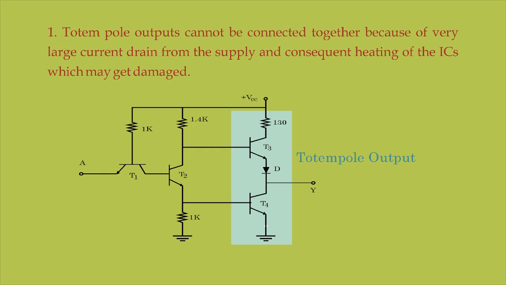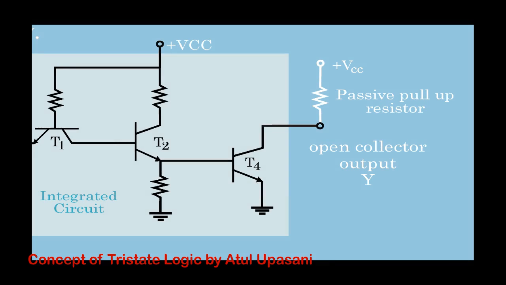Now let's move to the second drawback. The second drawback is regarding the open collector output. In the circuit diagram, first let us see what is meant by open collector output. In TTL gates, the totem pole output is constructed by two transistors and one diode.